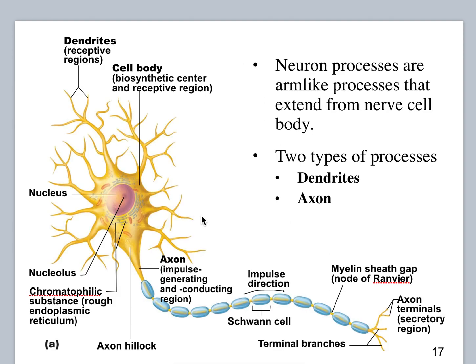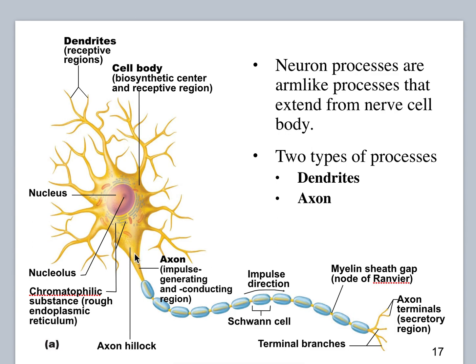The two types of processes are axons and dendrites. Here's the cell body, and these spiked, forked processes are the dendrites. They're like antennae. They receive input from other neurons, and then if enough inputs are received by this neuron, it sends out an action potential down its axon.